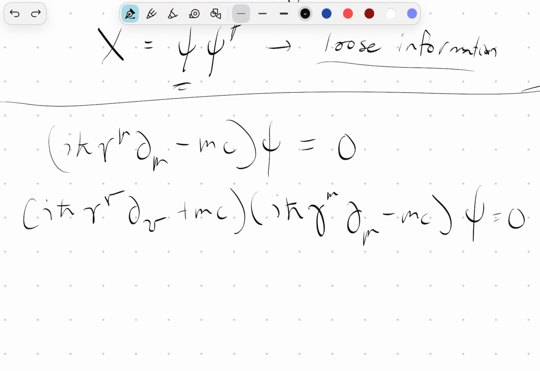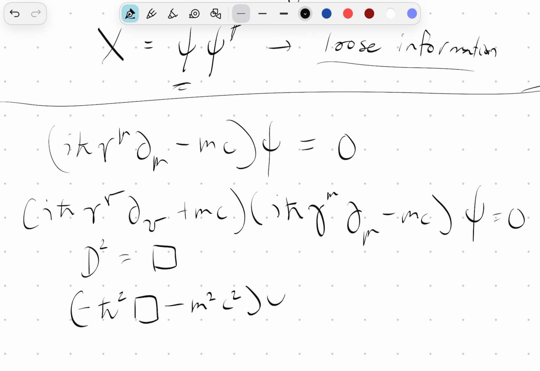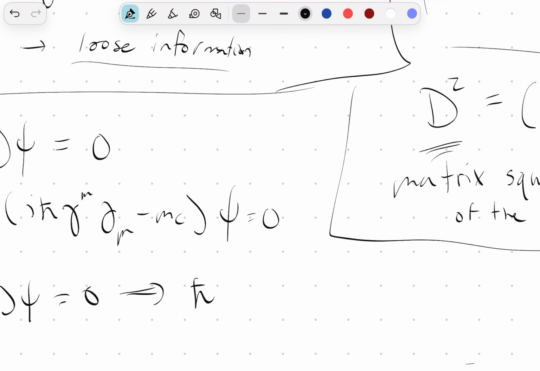And if we use that the square of the Dirac operator is the D'Alembertian, then we find that negative h bar squared times the D'Alembertian is equivalent to m squared c squared, which implies that (h bar squared times the D'Alembertian plus m squared c squared) acting on psi is equivalent to 0.